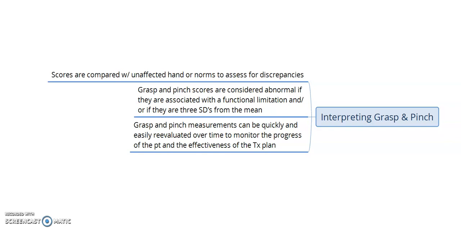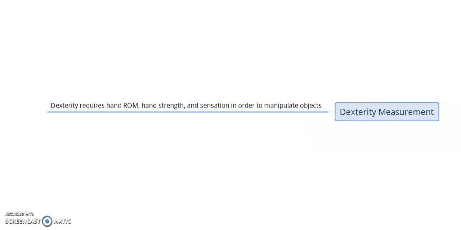Grasp and pinch are considered abnormal if they're associated with functional limitation and or if they're 3 standard deviations away from the mean. Grasp and pinch measurements can quickly be reevaluated over time to monitor the progress of the patient and effectiveness of the treatment plan. Measuring dexterity requires hand range of motion, hand strength, and sensation in order to manipulate objects.